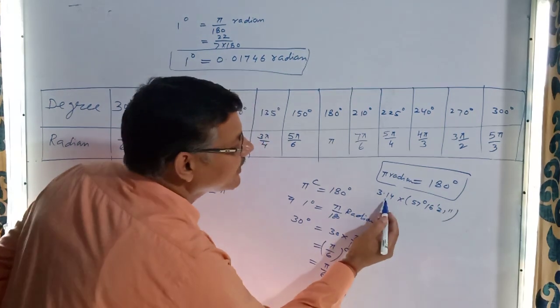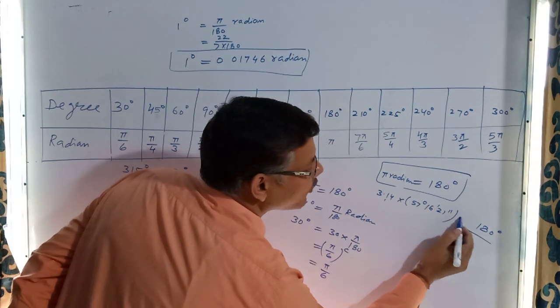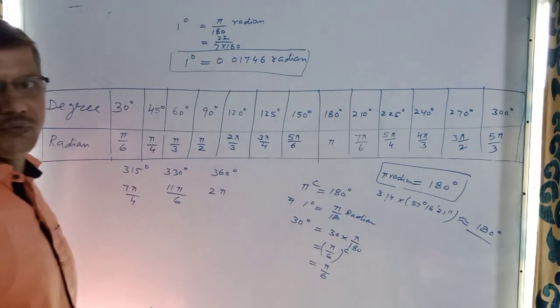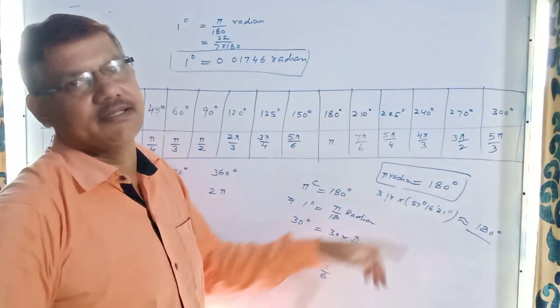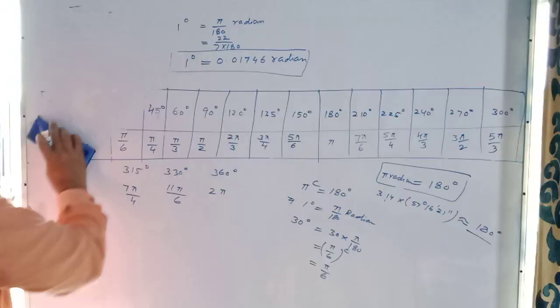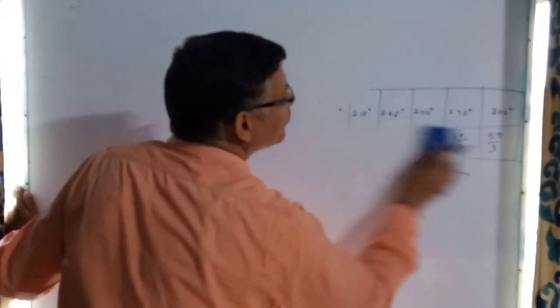Now when we take 3 times, definitely we are close to approximately 180 degree. So pi is not equal to 180 degree. Pi radian is 180 degree. So in this way we may change degree into radian and radian into degree. Okay.